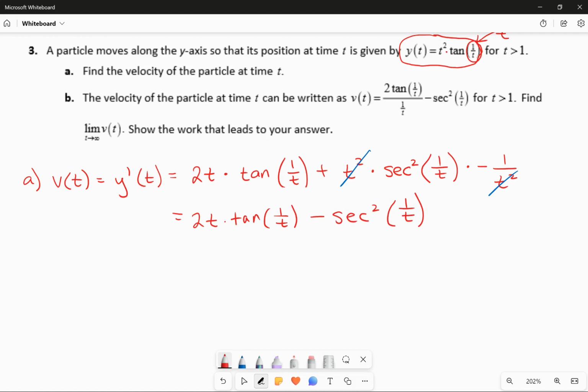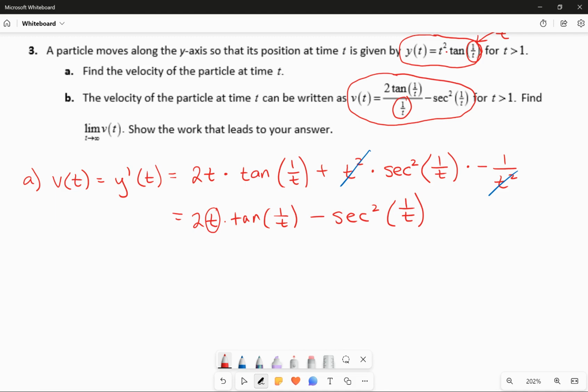However, I want you to look at the expression that they gave us in part B for the function. Notice it's really close, but it's not the same. You've got the 2 tangent of 1 over t minus the secant squared, but notice that instead of the 2t, we have dividing by 1 over t. Let me explain why that's the case. Why would they write it that way in B?